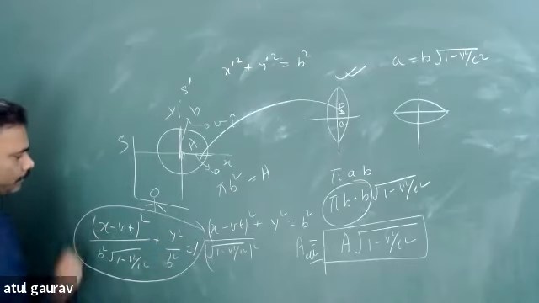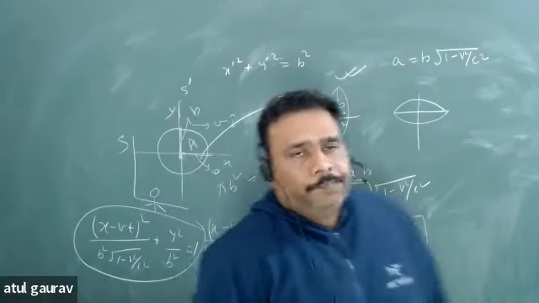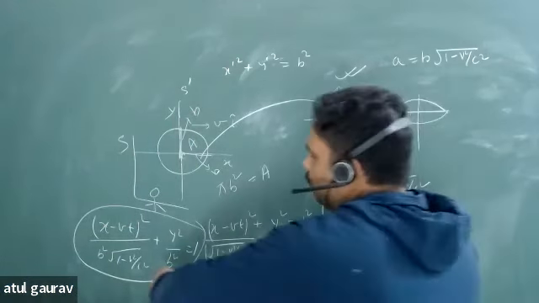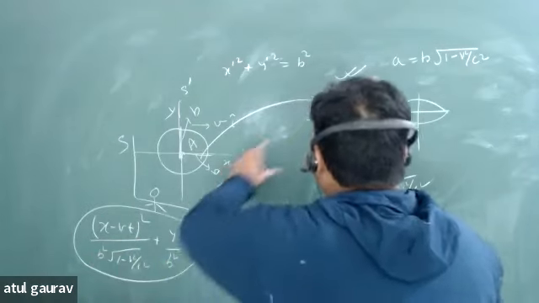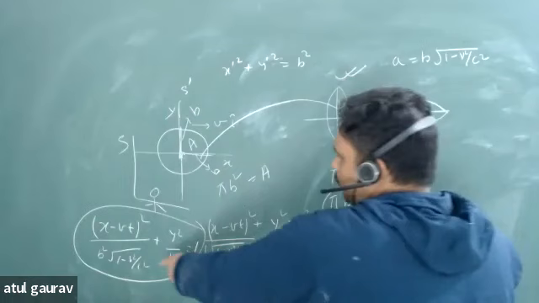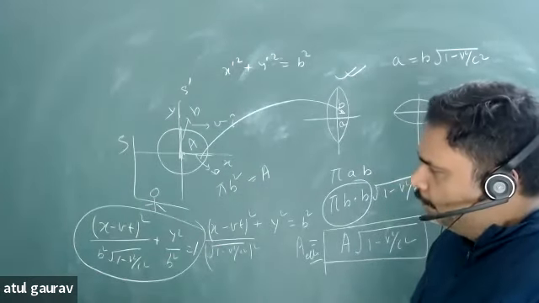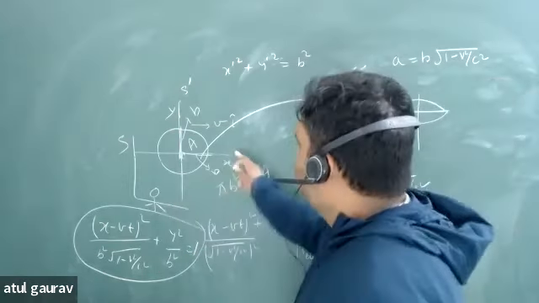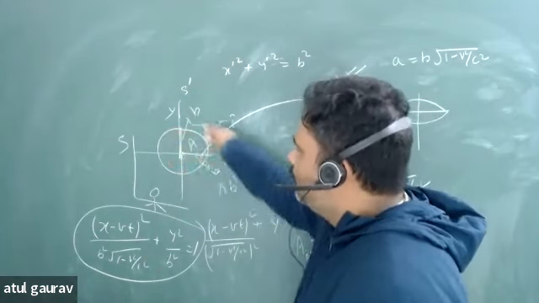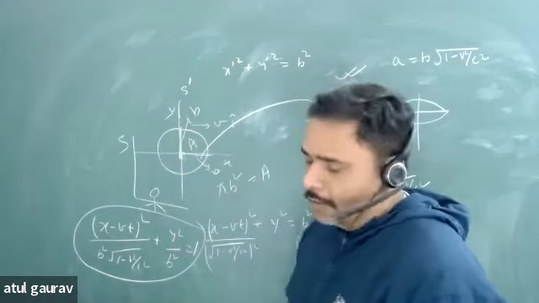What is this equation? Ellipse. Ellipse. And now you can see this part is shorter than this one. This is shorter than this one. You can see, isn't it? So after time t, this person will see this is not at 0, 0 coordinate, but rather this is at vt and 0 coordinate, isn't it?